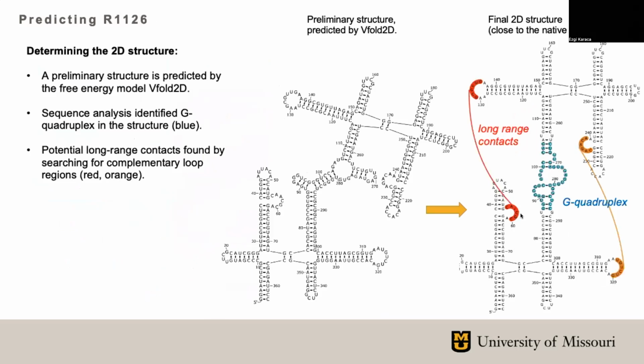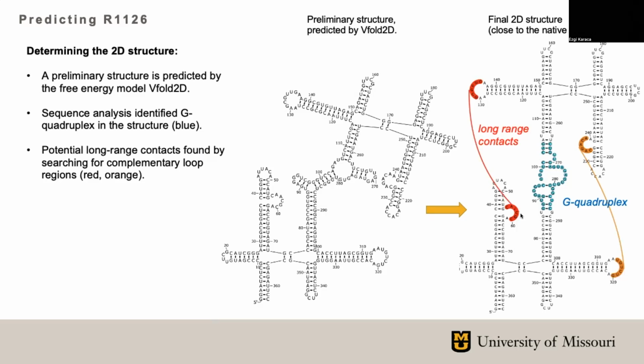So next, I'm going to very quickly go through some showcases. I'm going to talk about two not so bad or successful predictions and two failed predictions. This target, R1126, is a synthetic designed RNA.